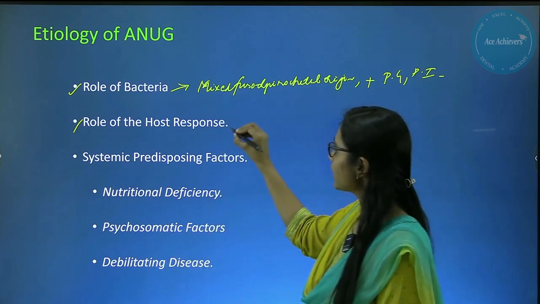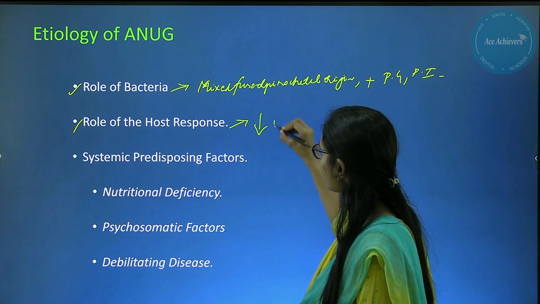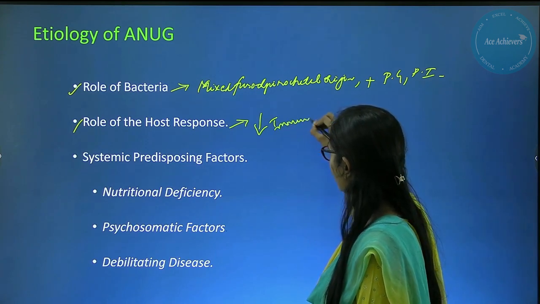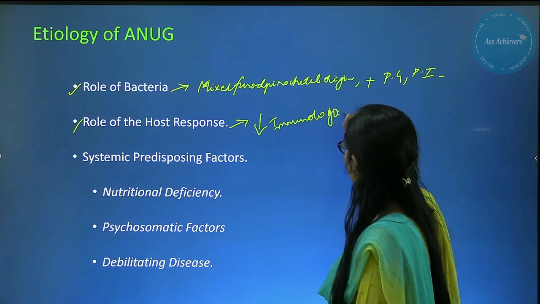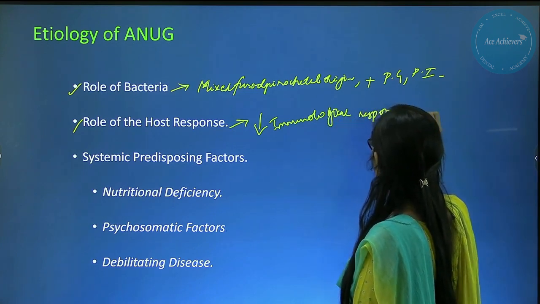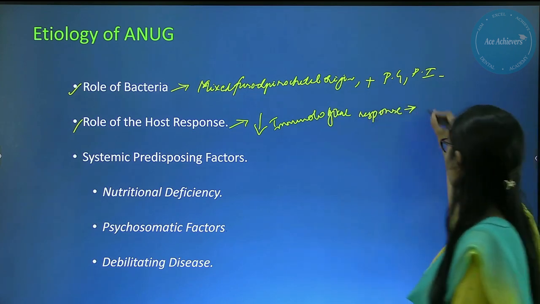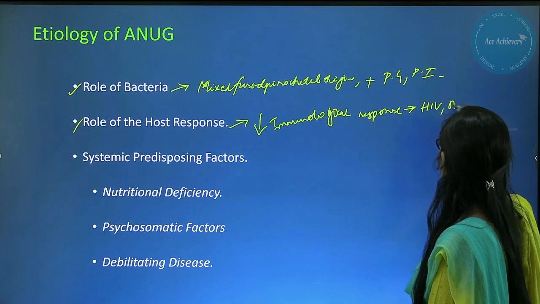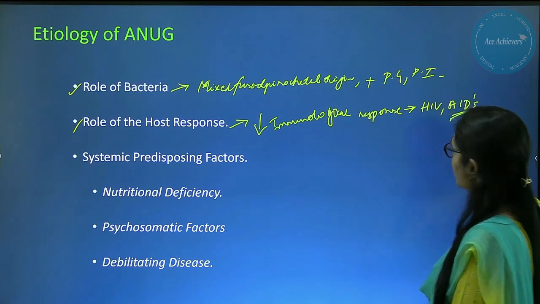We can see it mostly in patients with a reduced immunological response, particularly in immunocompromised status such as HIV and AIDS individuals.